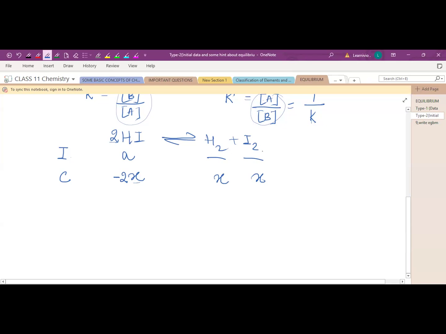But at equilibrium, what do you do? Sum up. So it will become A minus 2x, and for the products it will become x and x at equilibrium. Is this point clear?